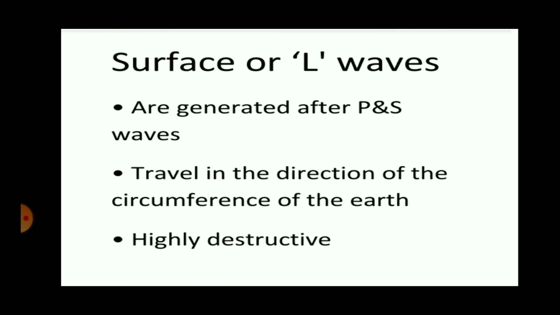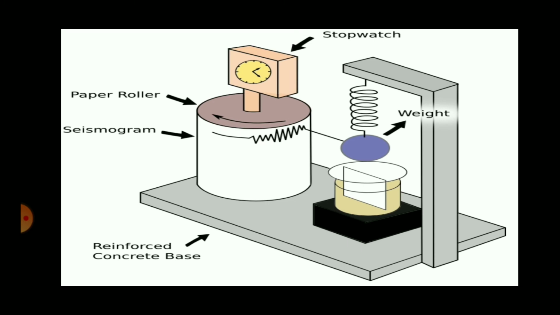Now we come to the seismograph. The instrument that measures the seismic waves is called the seismograph. Here is a simple diagram of a seismograph. This instrument is a seismograph, and the graph that it generates is known as a seismogram. The magnitude of the earthquake can be studied using this instrument.